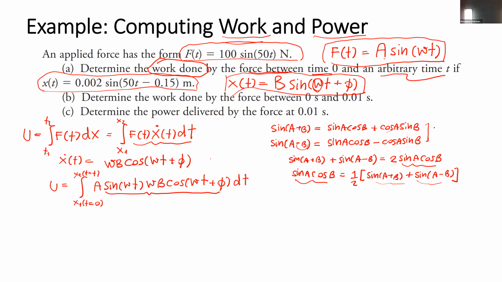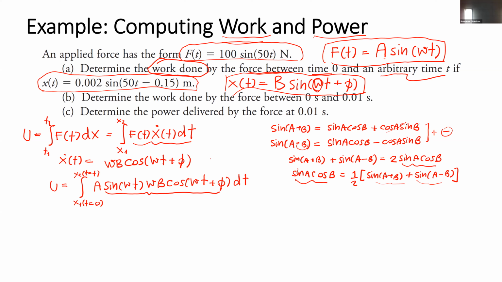I want you to try at home. Now we combine these two equations. I want you to try to subtract these two equations. Subtract this one from this one.